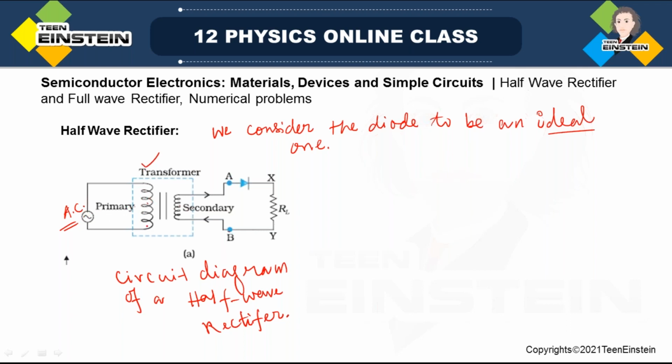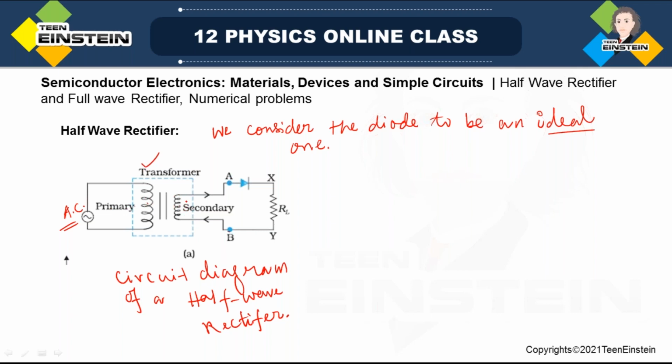When an AC signal is fed to this primary coil, there will be a change in the flux, and that change in flux will be linked with the secondary coil, and that's how the secondary voltage will be induced here. We have already learned transformers can be step down, step up, etc. But the frequency of the signals will be the same in the primary and secondary.